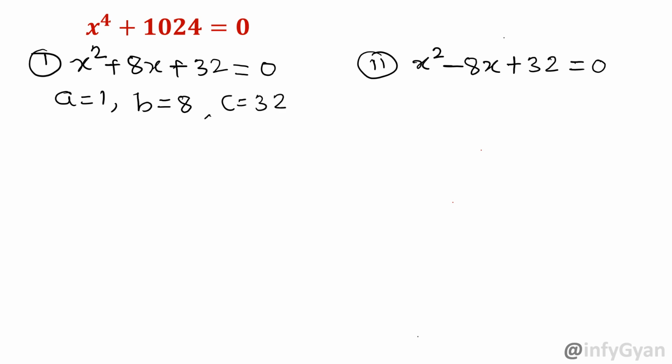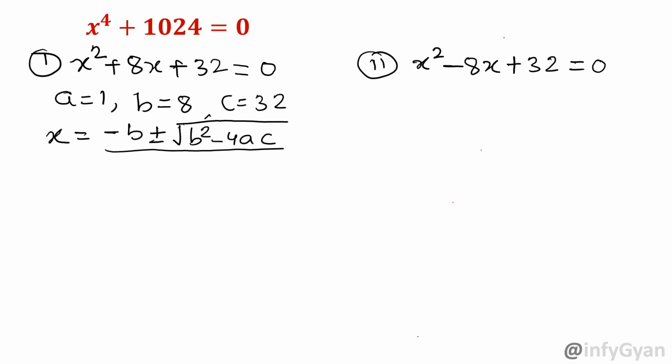Apply the quadratic formula. So formula is minus B plus minus square root B square minus 4AC divided by 2A. Let's put the value.